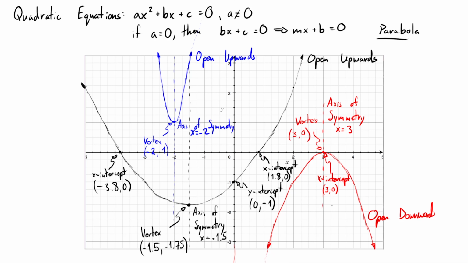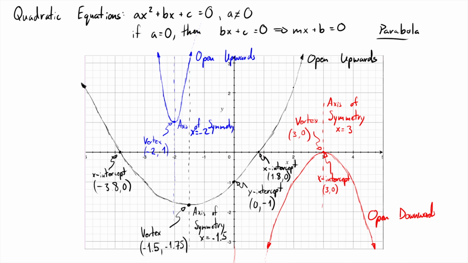So with quadratic equations, we are always guaranteed to have a y-intercept. Our graph will always cross the y-axis at some point in time. However, for our x-intercepts, or where our quadratic equation crosses the x-axis, well, we have 3 different results for that. We can either have it cross twice, as we saw here with the black one.